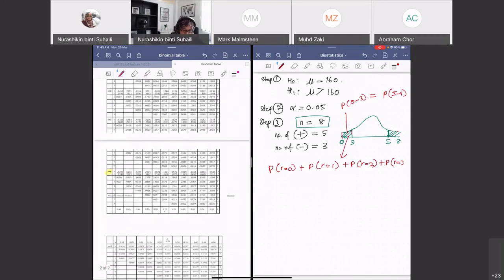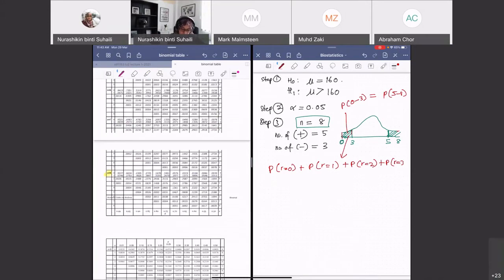Let's have a look at when n equals 8, and you are looking for the values when x equals 0, 1, 2, and 3. This is the value you have to look for, because this is 0, 1, 2, 3. So you have to jot down these values.